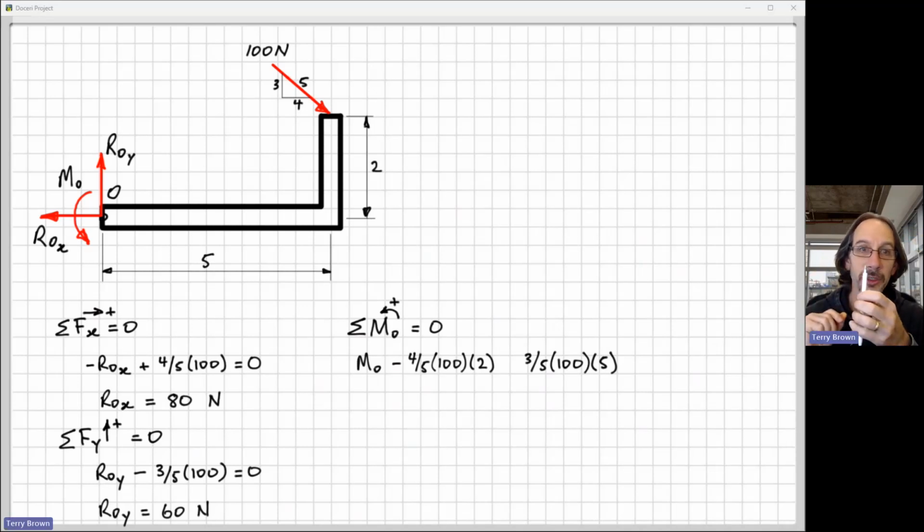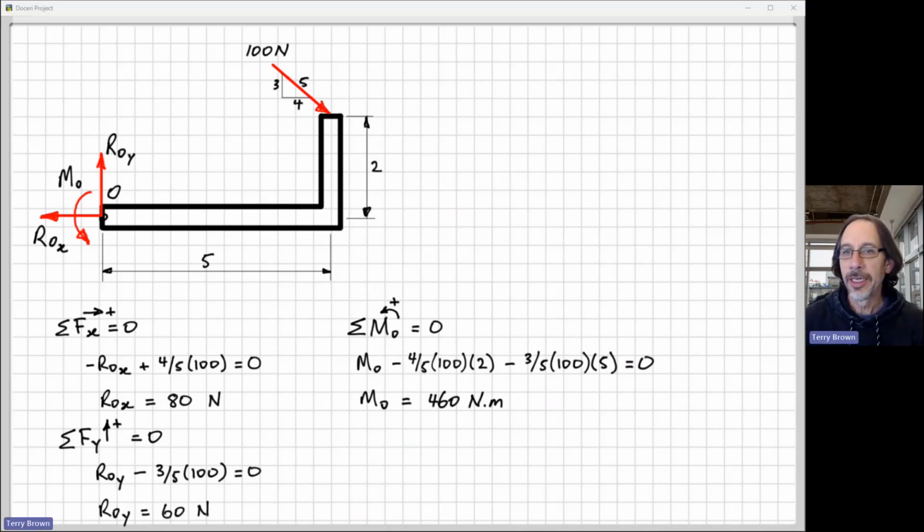The horizontal one was a little bit more difficult, but you just need to remember the line of action and the perpendicular distance, not the point of application of the force. That's important. It's the line of action. So this one's negative also, all equal to 0. Rearrange that, put the numbers into your calculator and get 460 Newton meters for the moment reaction.